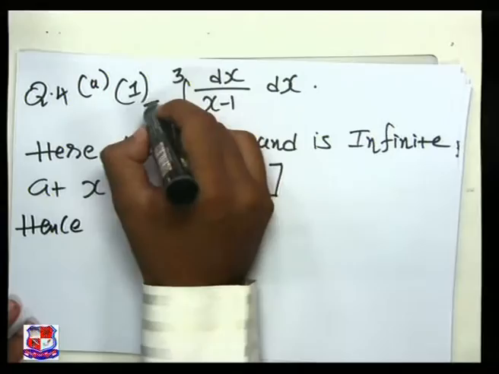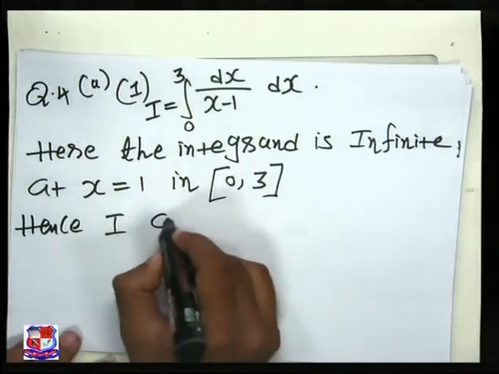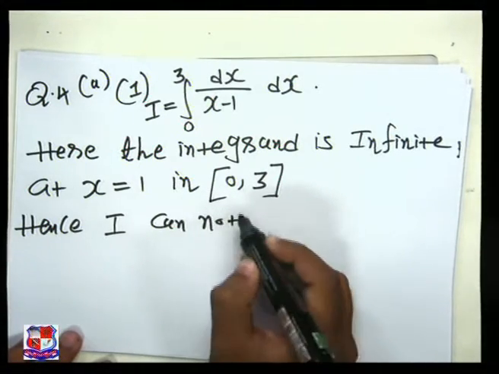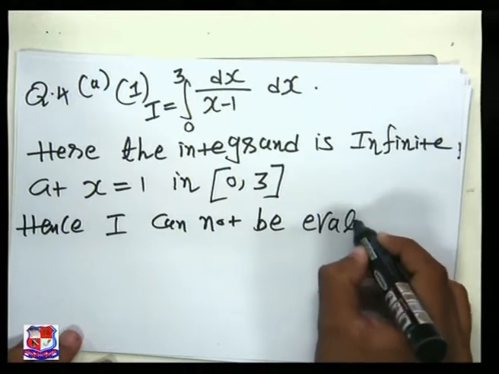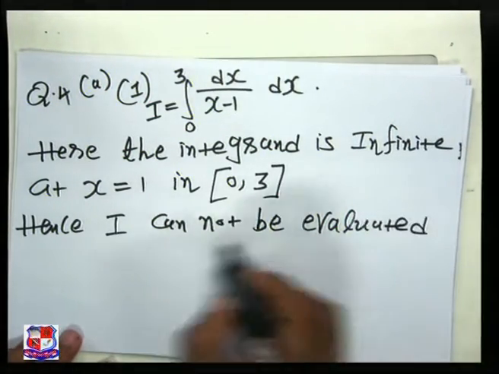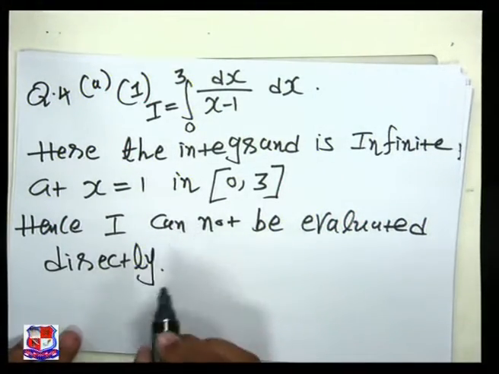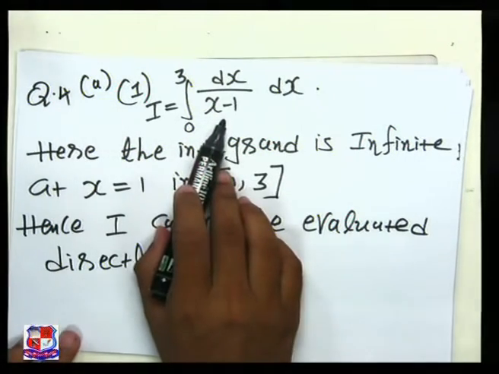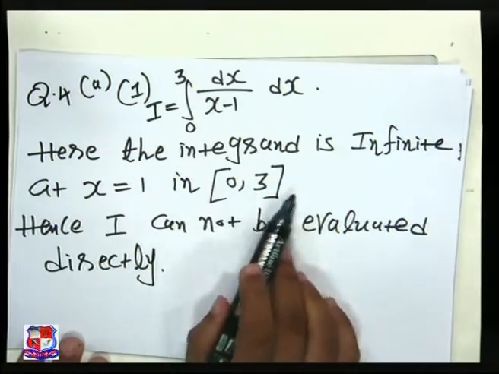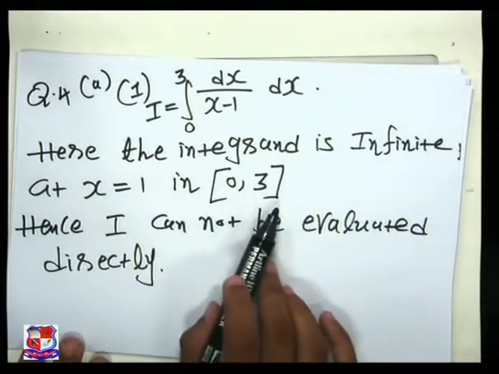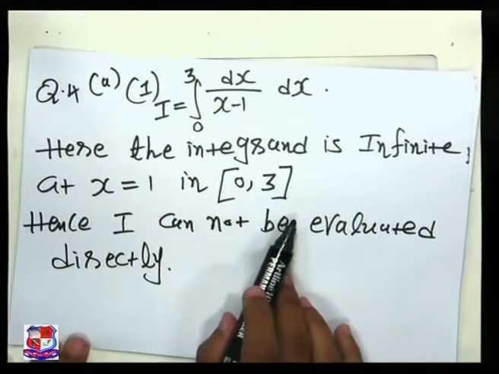If we say this is I, then the value of this integration I cannot be evaluated directly, because the denominator becomes 0 when x is equal to 1. So the integrand is infinite at x is equal to 1, where 1 is between 0 and 3, the limit of this integration. So hence I cannot be evaluated directly.